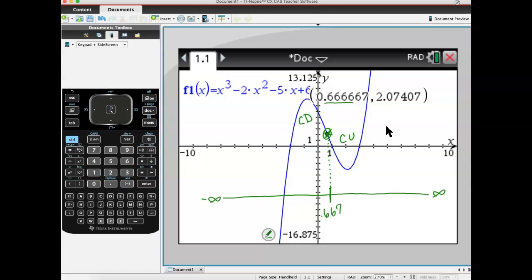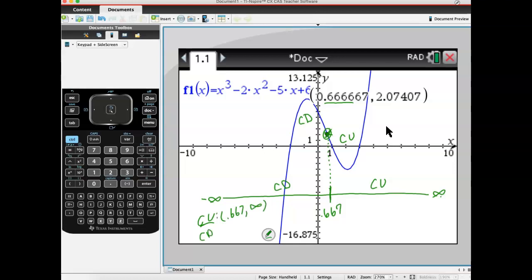0.667, and then I like to come to my number line and say, hey, I'm concave down from negative infinity to 0.667, and then from 0.667 all the way to infinity, I'm concave up. So that's exactly how I would write my interval. I would say concave up. Doesn't matter the order in which you write them. I'm going to say concave up, 0.667 to infinity.